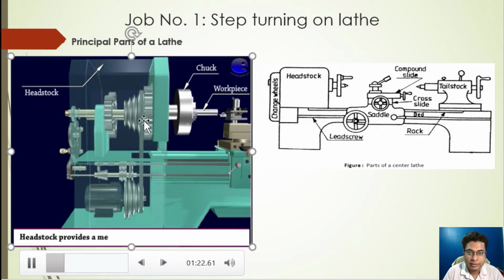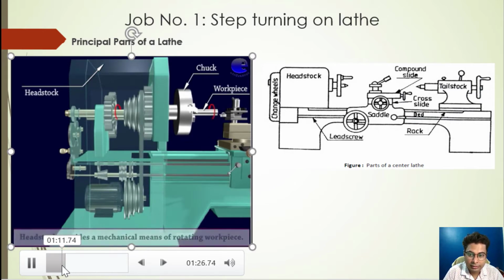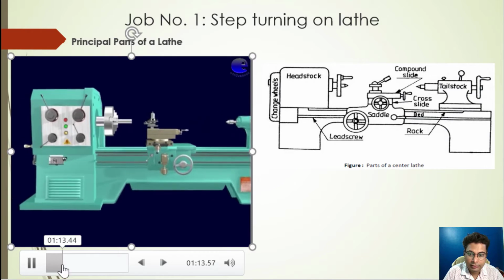See, with the movement, this workpiece is rotating. See over here. Okay.